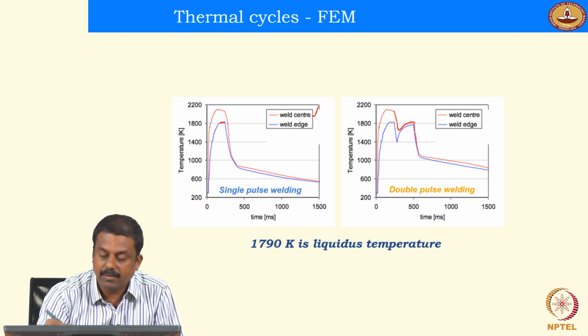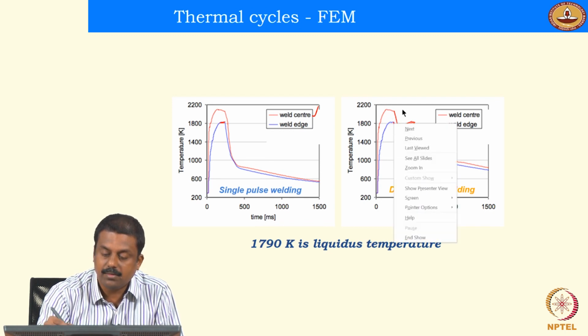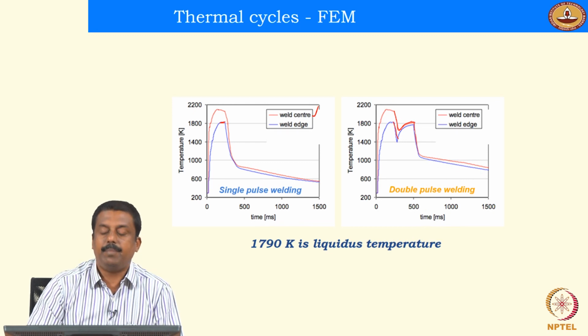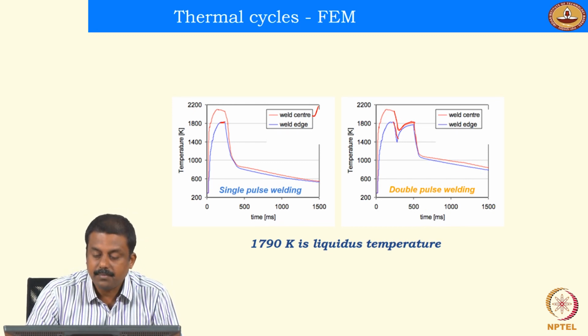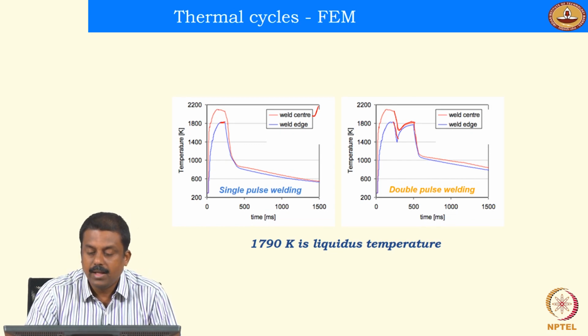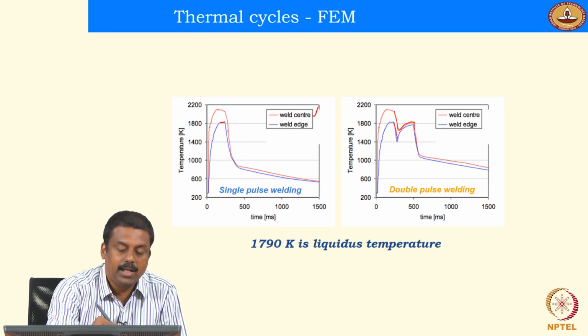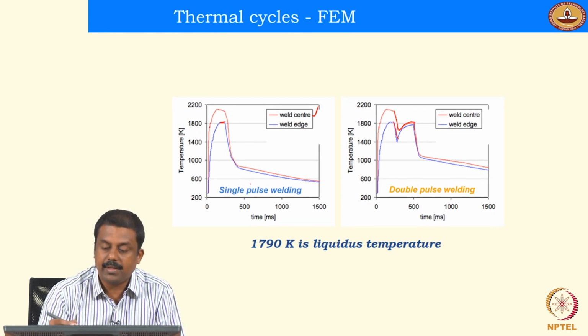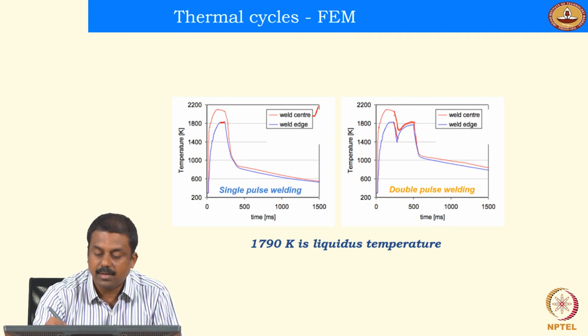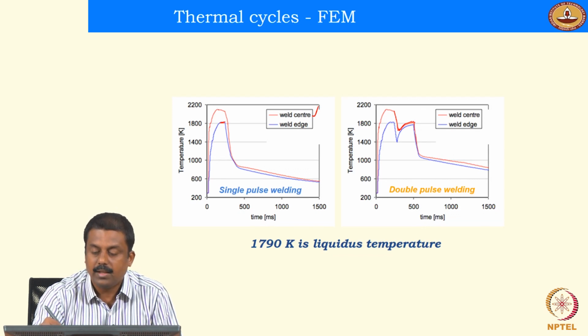Only thing is, at the weld edge, the peak temperature reached in the pulse cycle is also lower, and we will also have the effect of peak temperatures seen very clearly by comparing the weld center and the weld edge. Okay, so it's very clear, right? So in a single pulsing, we are cooling continuously from solidification temperature to room temperature, whereas in double pulsing, instead of cooling to room temperature, upon cooling to some temperature where we have complete solidification, we increase the temperature slightly higher, and then subsequently we cool to room temperature.